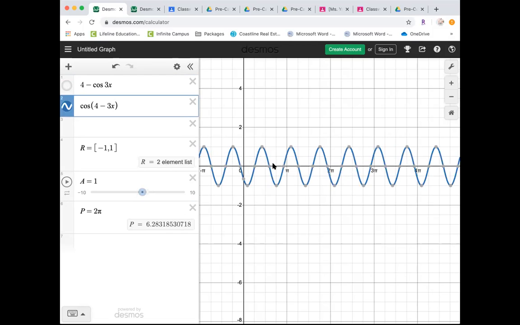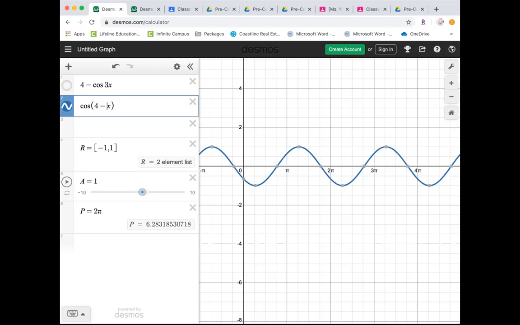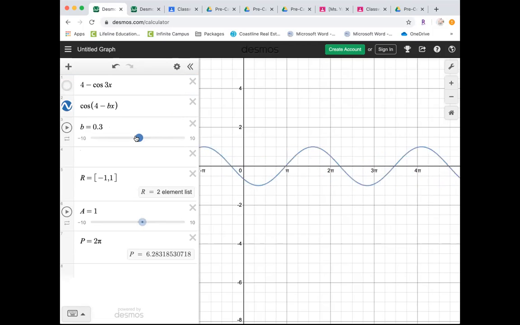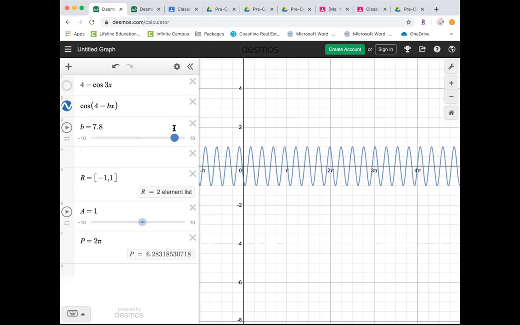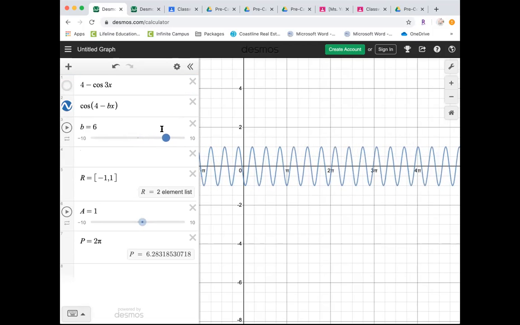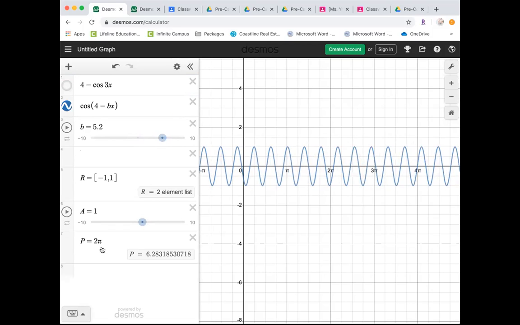If there is a number multiplying to x, then your graph is smaller. Let me show you. The bigger the number, the more the graph shrinks, like that. So these are your answers for number 16.